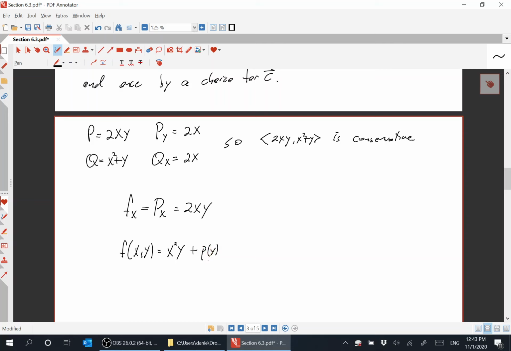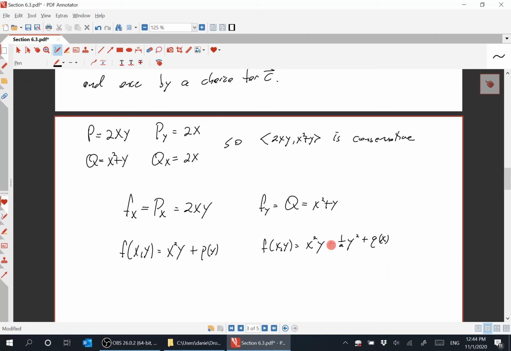It's not just a constant, but any function using only y. And the partial derivative of f with respect to y is supposed to be equal to Q, which is x squared plus y. So this tells us that f(x,y) is the antiderivative with respect to y: x squared y plus 1/2 y squared plus an arbitrary constant, which is a function of x only, no y's.